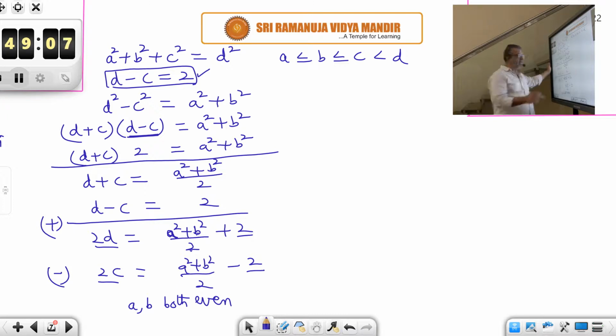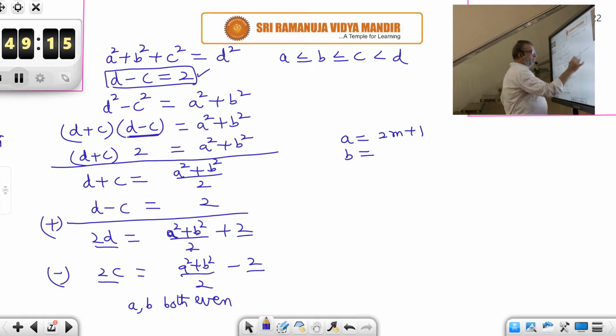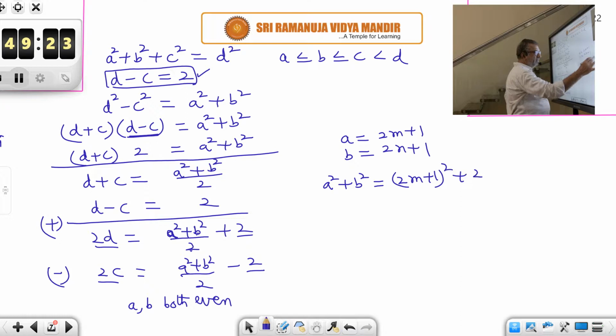But that is also not correct, because a is odd means a will be in the form 2m plus 1. b is also odd means it will be in the form 2n plus 1. Then what is a square plus b square? 2m plus 1 whole square plus 2n plus 1 whole square.